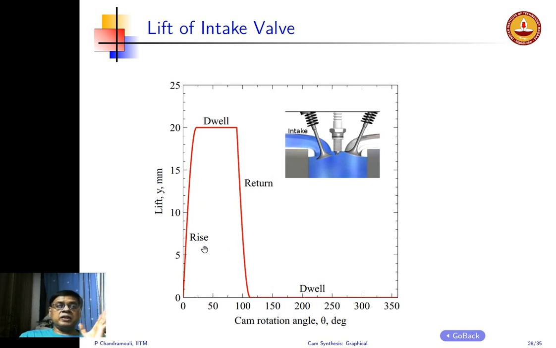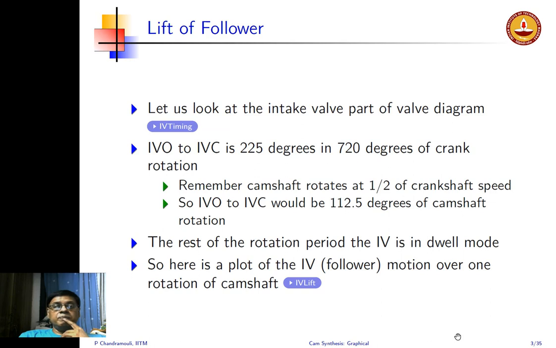This is what is called a displacement diagram of the follower, or the lift of the follower, since the follower lifts. Of course, in this case you saw it moving down, that's a lift in that direction. So we say either the follower lift, or the whole diagram like this is called a displacement diagram. A typical diagram is drawn something like this.